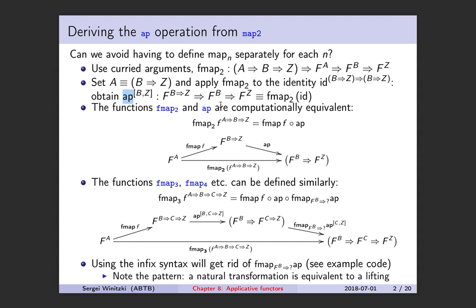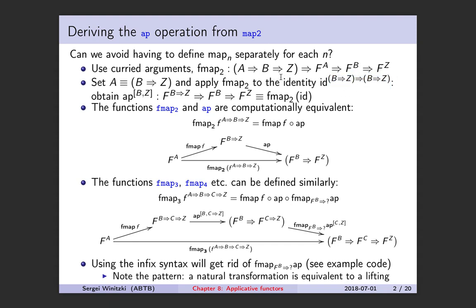Yes. And the way to do it is to set a, the type parameter a here, to be the function b to z. We are allowed to do that because these parameters are arbitrary. So we can just have a special case where a is equal to that. And then here we would have a type like this, b to z going to b to z.